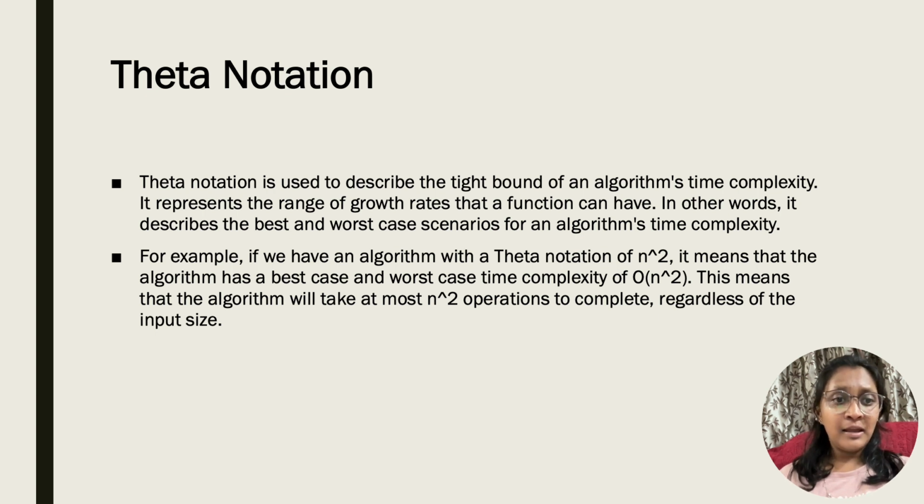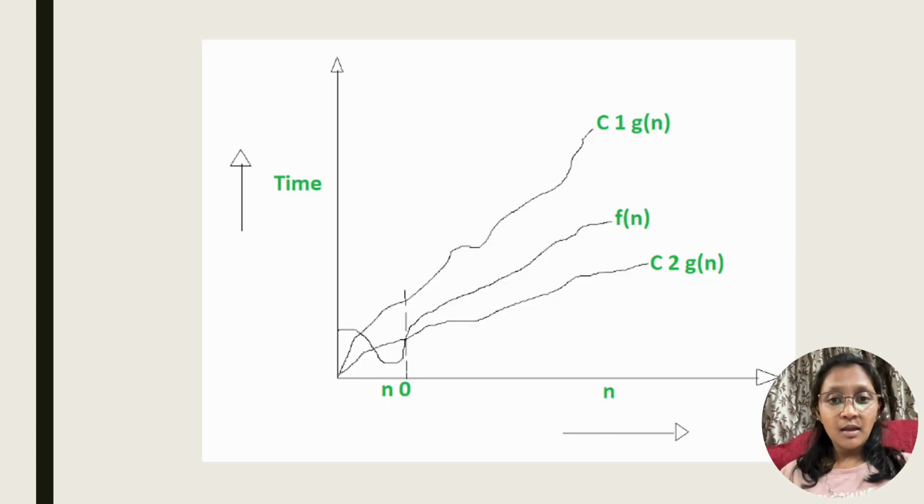For example, if we have an algorithm with a theta notation of n power 2, it means that the algorithm has a best case and worst case time complexity of O of n power 2. This means that the algorithm will take at most n power 2 operations to complete regardless of the input size. And here this graph represents the theta notation.